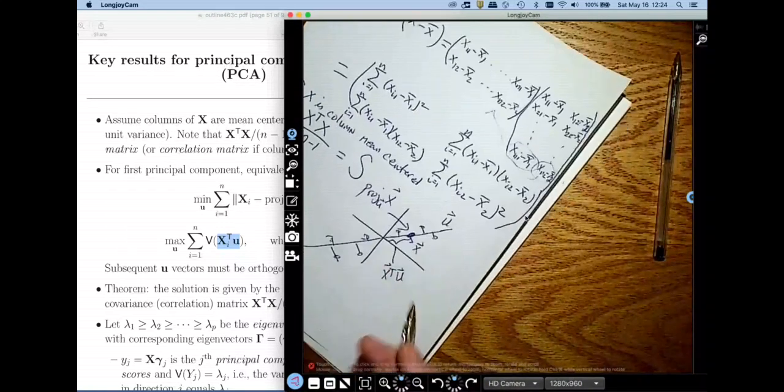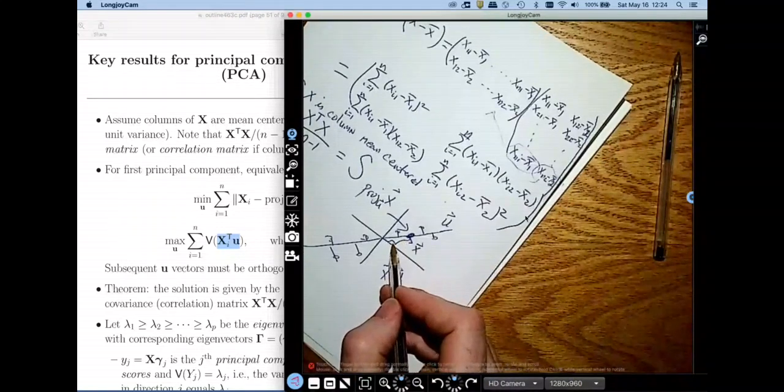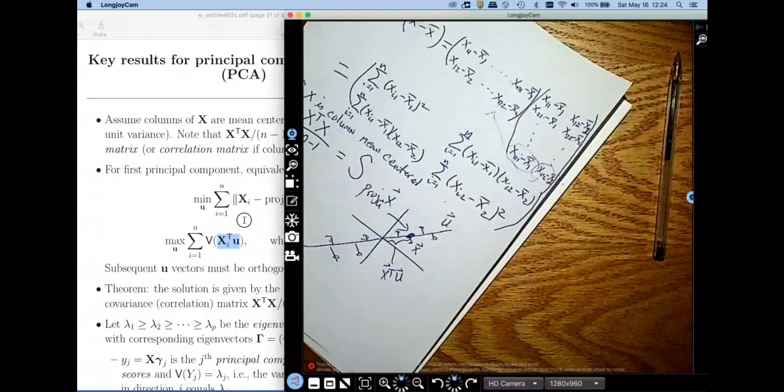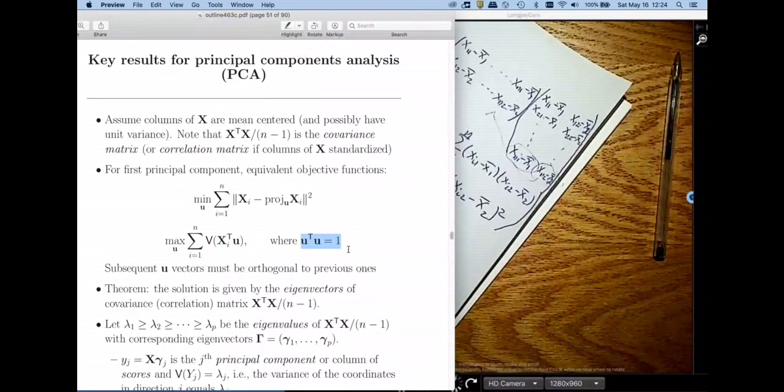And so what I want to do is maximize the variance of these lengths under the constraint that u is a unit length vector. If you don't have u as a unit length vector, then this problem is not very interesting, because we could simply make our u a very short vector, then the lengths, of course, become very big with respect to that short u. So we're going to make this a constraint that the length of this u vector is 1.